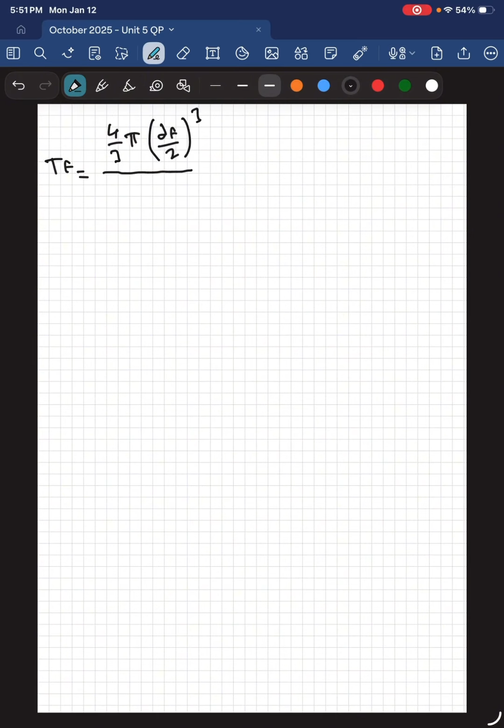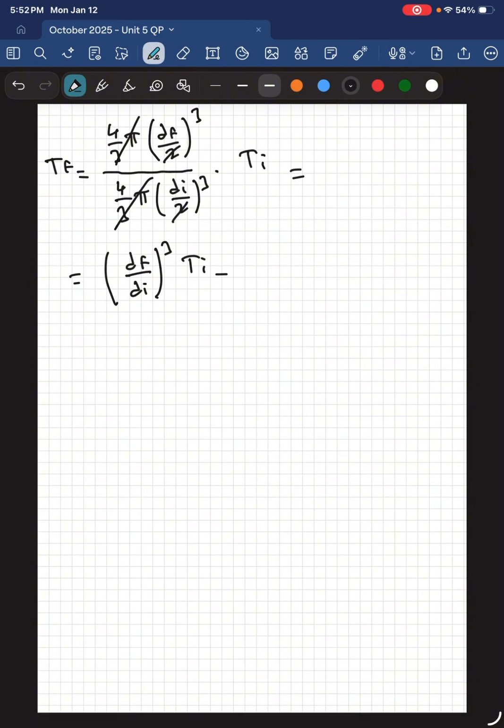So in the numerator we have 4/3 pi times d_f over 2, cubed, and in the denominator 4/3 pi times d_i over 2, cubed, times the initial temperature. We also get nice cancellations here, so the final expression is d_f over d_i, cubed, times the initial temperature.